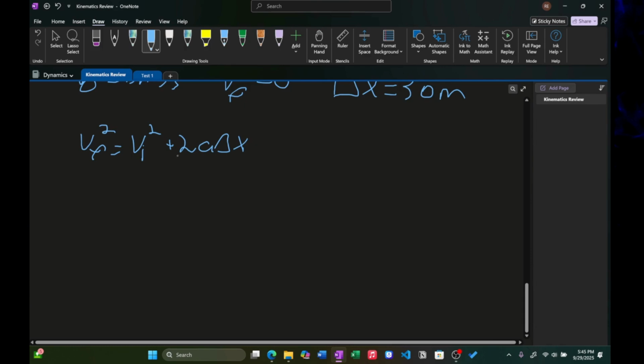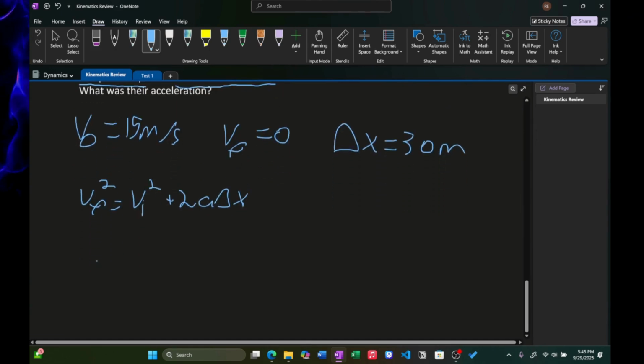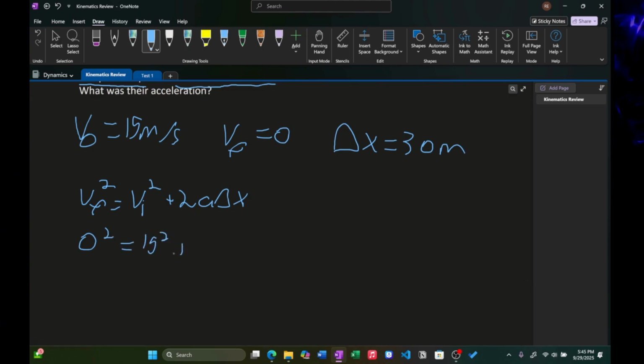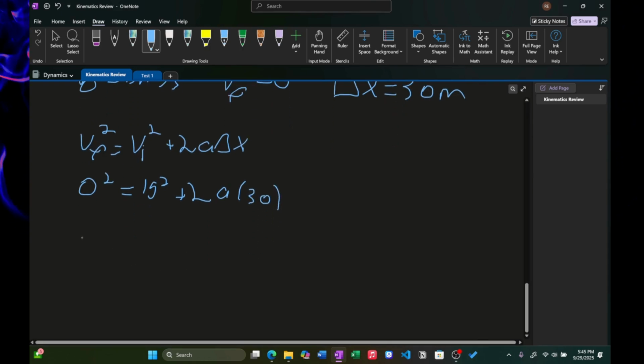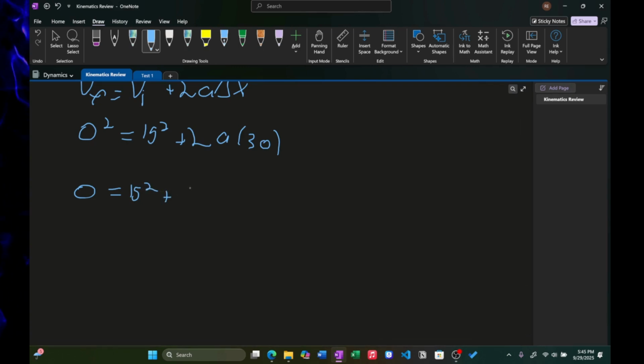Even though this is not solving for a directly, it can actually be easier to just do it with the numbers instead of messing with all these letters and whatnot. So let's plug in our numbers. We have 0 squared equals 15 squared plus 2a times 30. In other words, 0 equals 15 squared plus 60a.